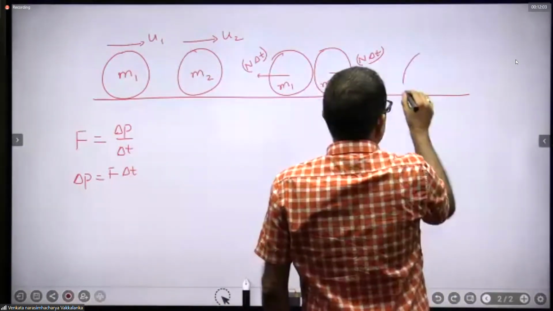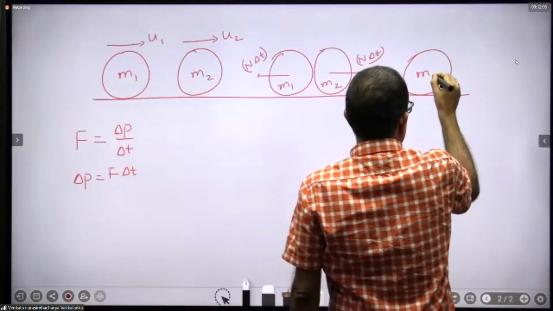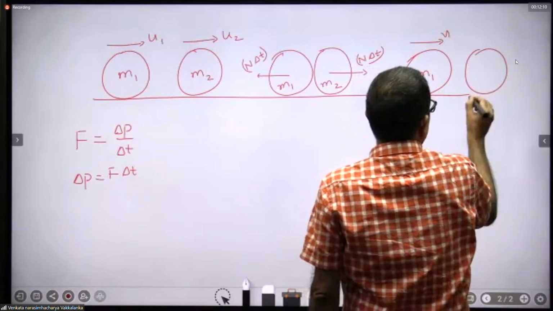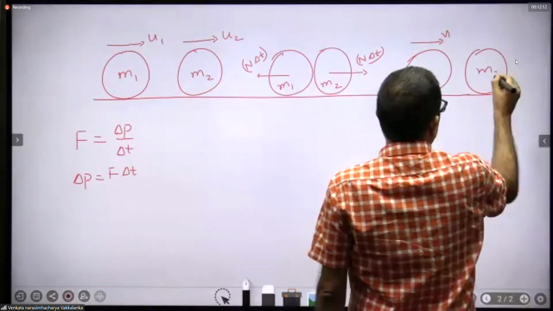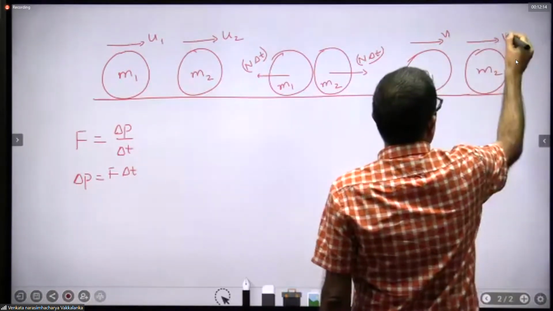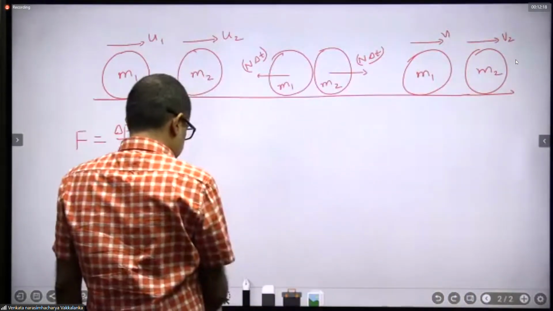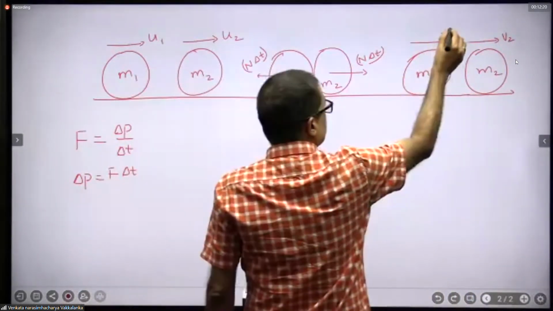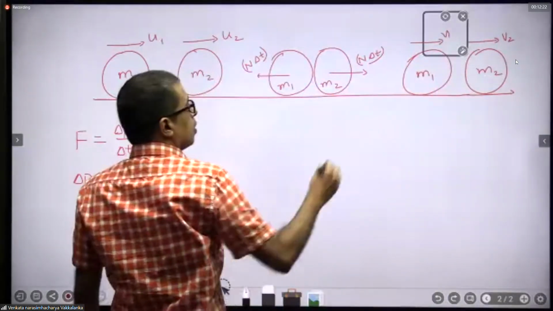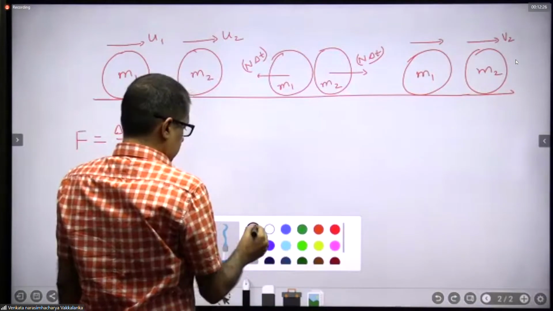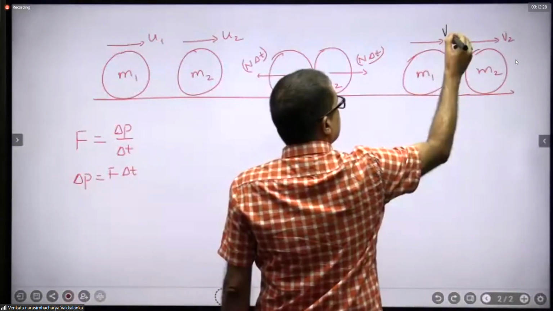Once they restructure themselves, this will be moving with a velocity V1 and this will be moving with a velocity V2.